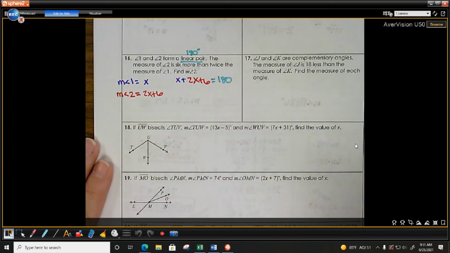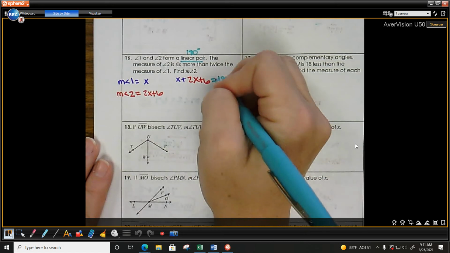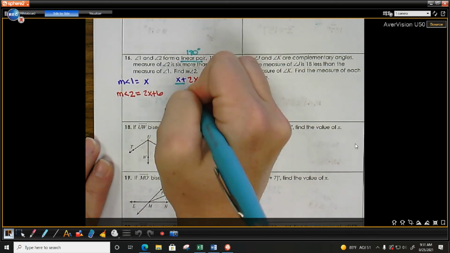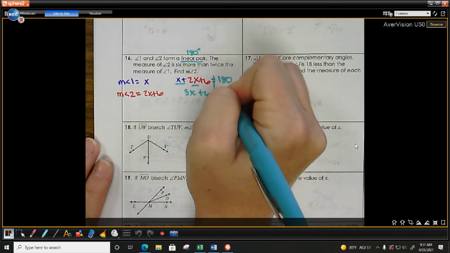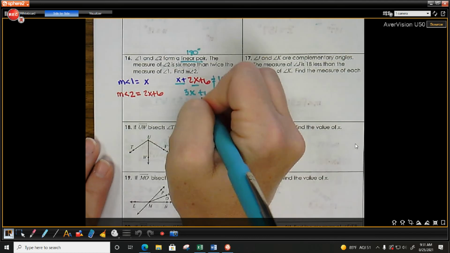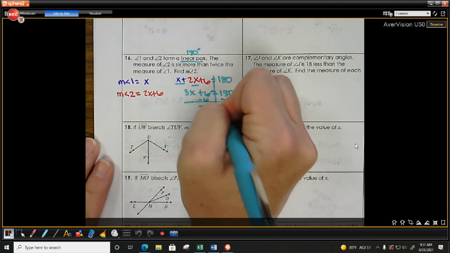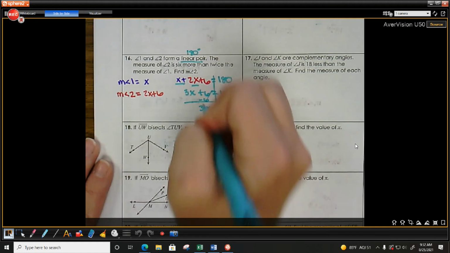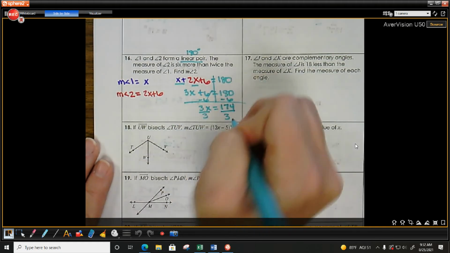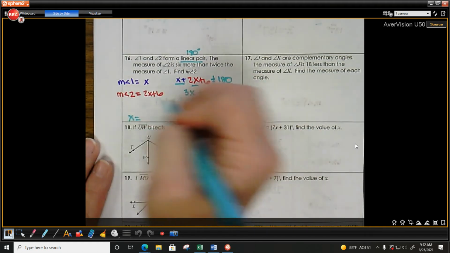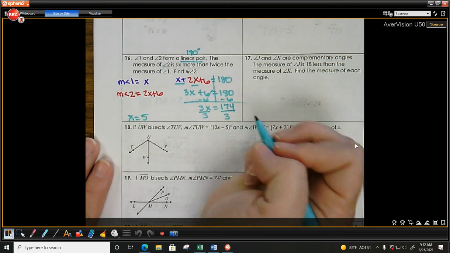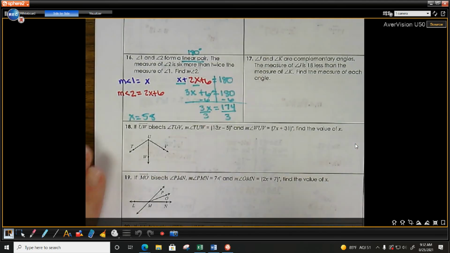So I get 3x plus 6 equals 180. 3x is 174. So I get x is 58. Now it's asking for measure of angle 2.